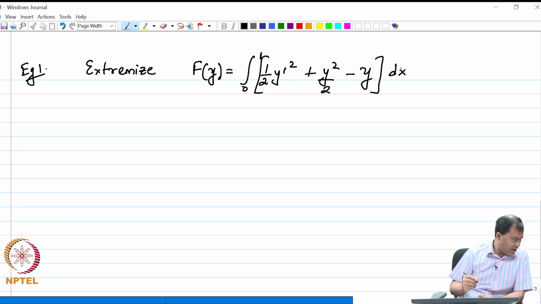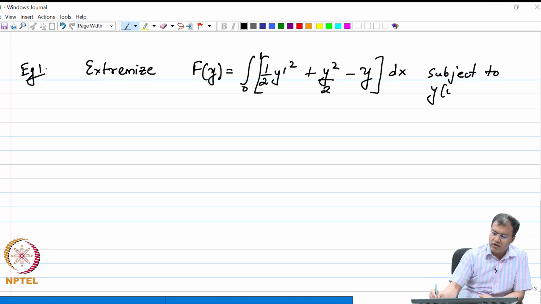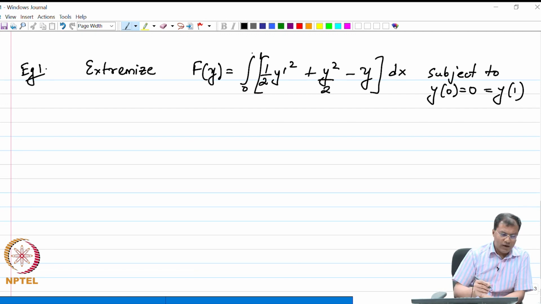So, we need to extremize subject to the boundary conditions y of 0 is 0 and y of 1 is also 0, right. So, my domain is x from 0 to 1.